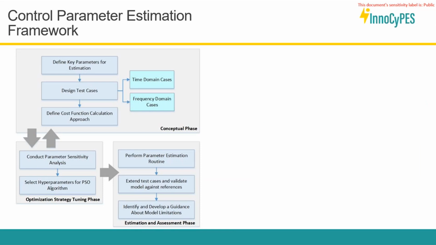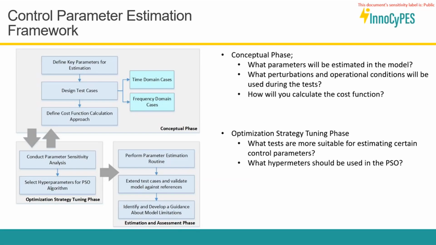So this is the conceptual phase of the framework, and then it communicates with this, right? So you can see the conceptual phase, and there is this optimization strategy tuning phase, in which the idea is to answer these questions: what tests are more suitable for estimating certain control parameters? Because there we are proposing using frequency domain data and time domain data, right?